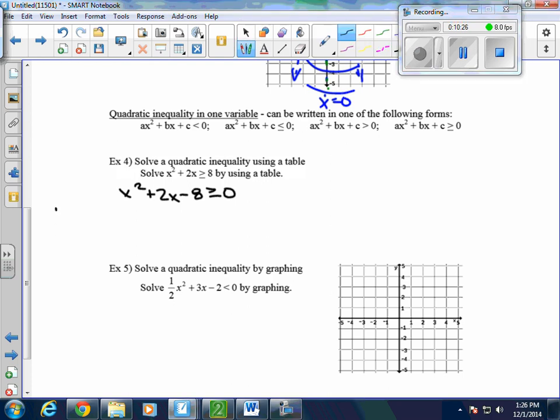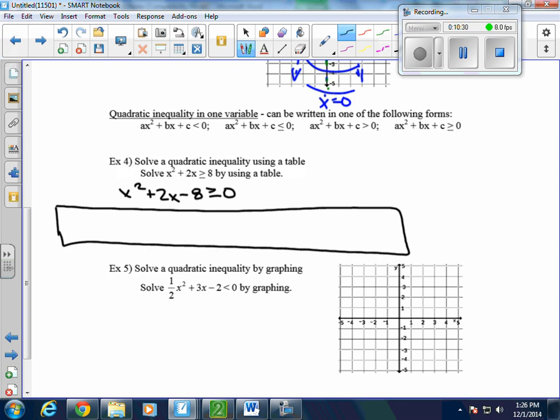So we're going to make our table of values. We're going to have x, and then x squared plus 2x minus 8. What our goal is, is to find the point where this changes.